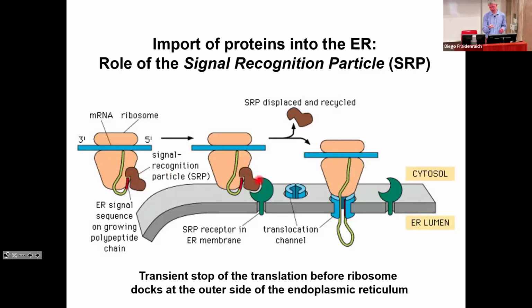Once the SRP interacts with its receptor, the SRP will be released and the ribosome docks to the translocation channel, and translation and translocation continue at the same time. Okay, so study this very carefully.